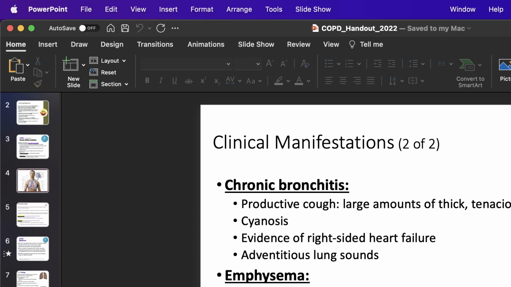Or, if we can get them, it's hard to get nice chairs in the hospital sometimes, but if we can get them a nice lounge chair, a lot of times they like to sleep in the lounge chair. They prefer to sleep in the lounge chair. So you will not be finding them flat in the bed when you come in to assess them.